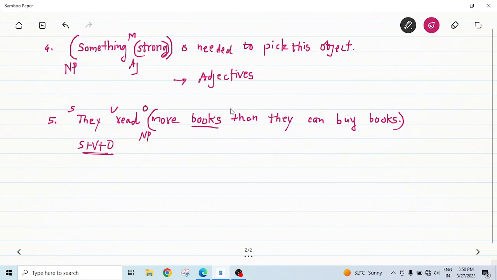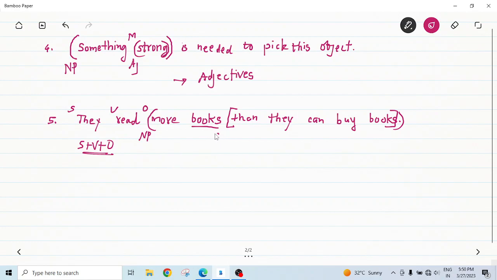So it is a noun phrase. But from here after, than they can buy books, this is a clause, and you can understand that it is more books and they can buy books. This is a comparison.